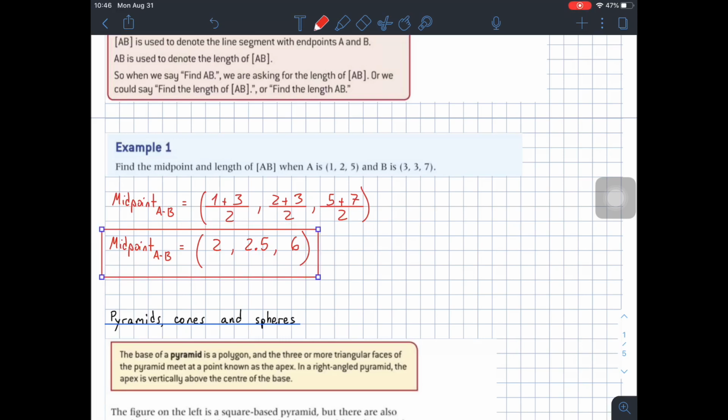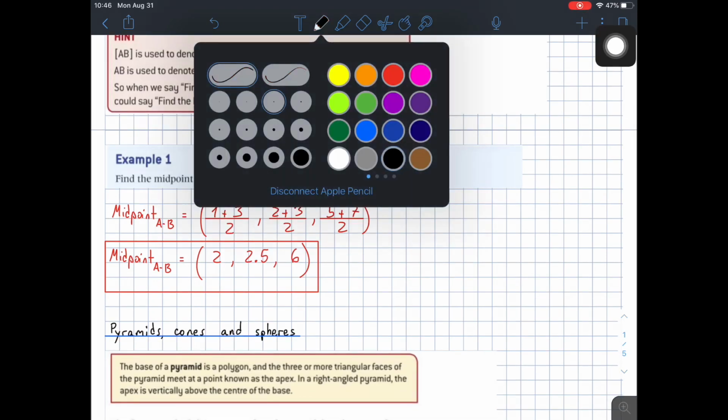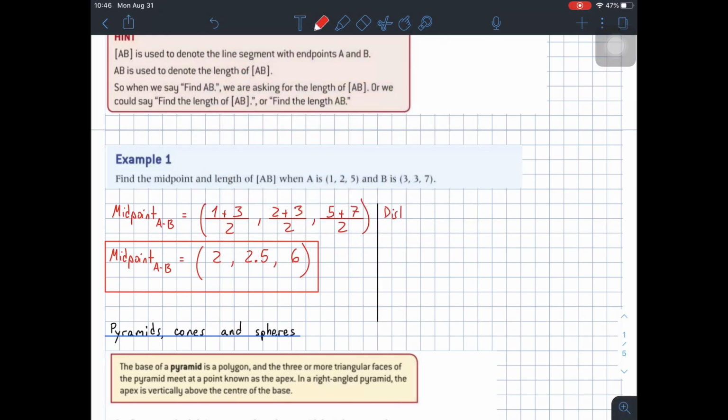Then we want to find the distance between the 2 points, right? Find the midpoint and length. If we're asked for the length, we're asked for the distance. So let me do that right here. The distance between points A and B is given by the formula, the square root of (x1 minus x2) squared plus (y1 minus y2) squared plus (z1 minus z2) squared.